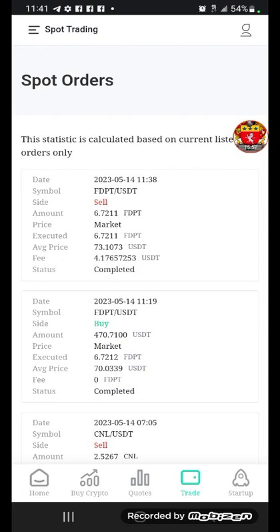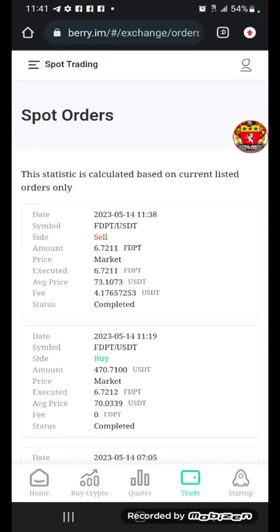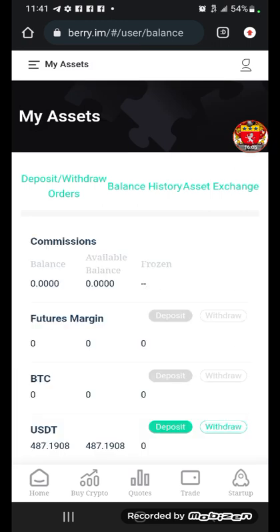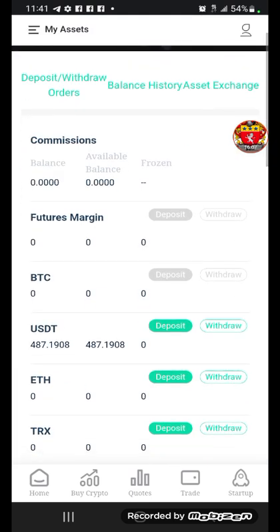But anyways, now let's go check my fundage. Let's go to my assets, and I've got $487. I had $470. I made $17 on that one trade, $17 off of what was in my account.